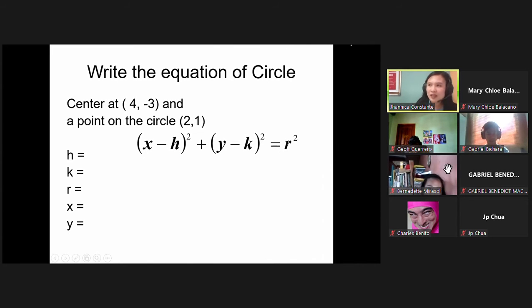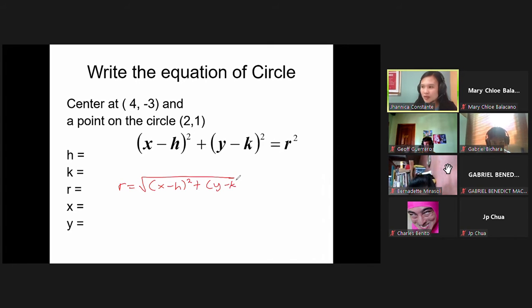In writing the equation of a circle, if the radius is not present, you need to solve for the radius first, which is radius is equal to the square root of x minus h squared plus y minus k squared.